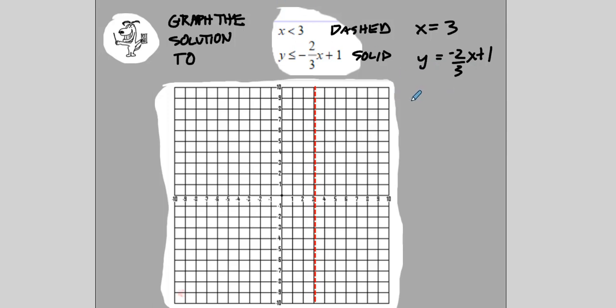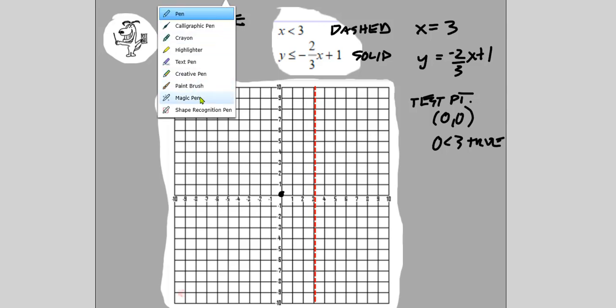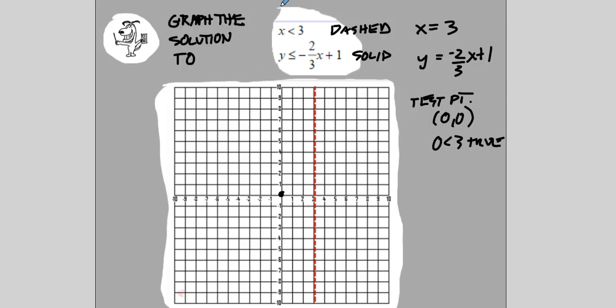Well, take a test point. I can use 0, 0 here. Plug it into the inequality. X is 0, 0 less than 3 is true. So this inequality will be shaded over here.